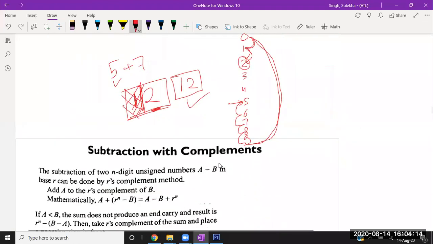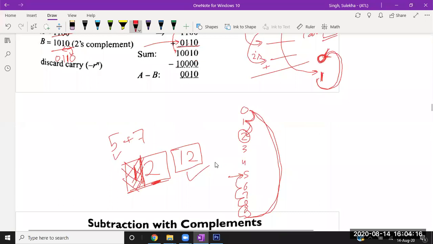And in the decimal number system, what is happening? I'm taking an example of decimal numbers. Suppose you want to add 57 plus 56. In the decimal number system, you add 6 plus 7, that is 13, so you write 3. 1 is your carry, and this carry goes to the next position.